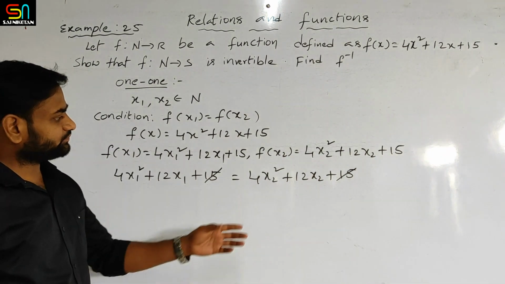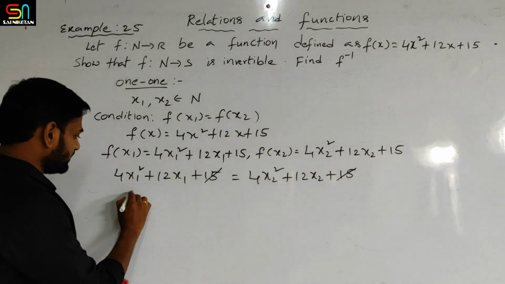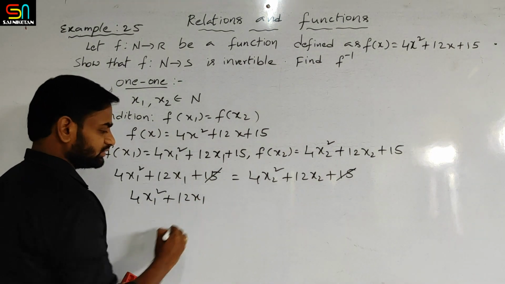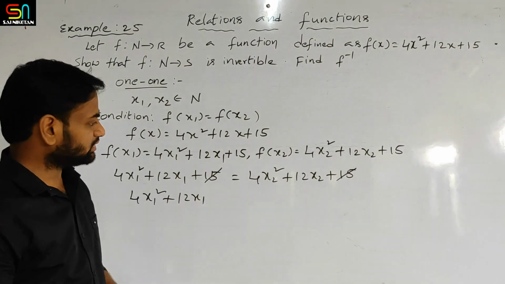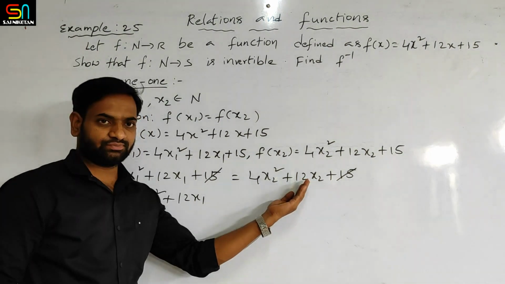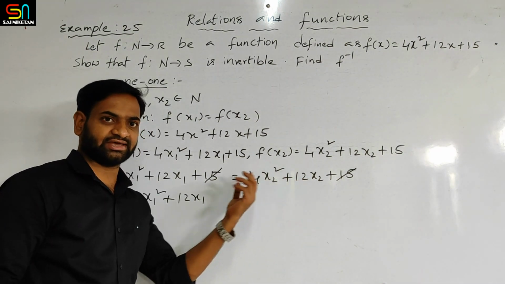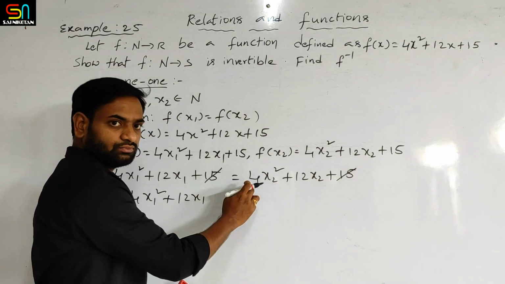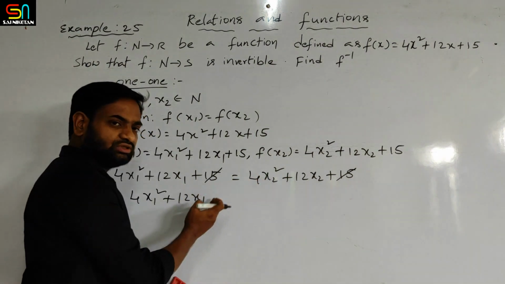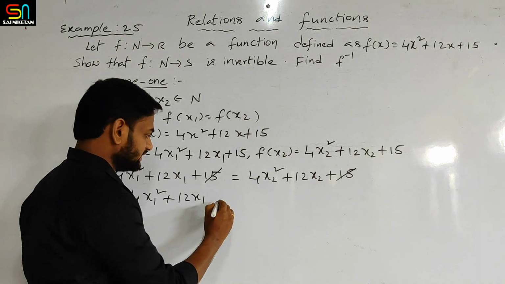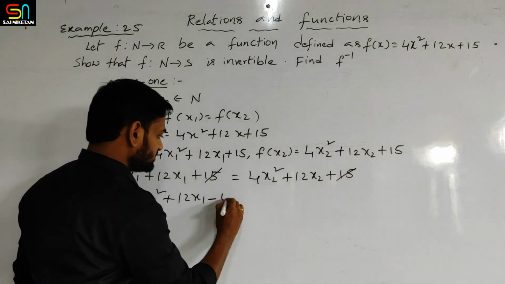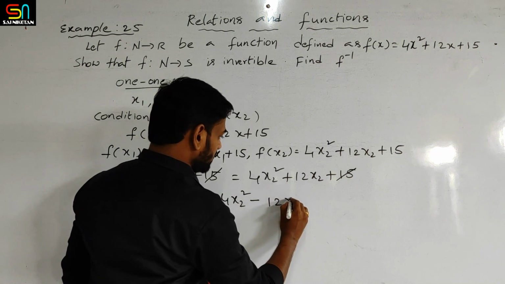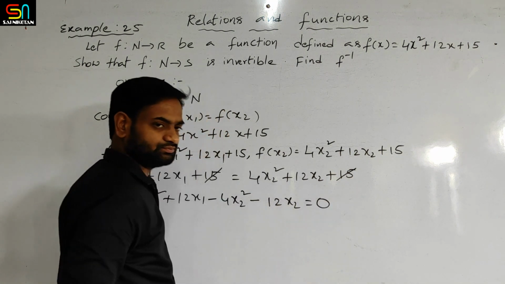Now what is remaining? 4x1 square plus 12x1 is remaining. From this side, send these two terms to this side. These both are positive, so if it comes to this side, it is negative. That is minus 4x2 square minus 12x2 is equal to 0.